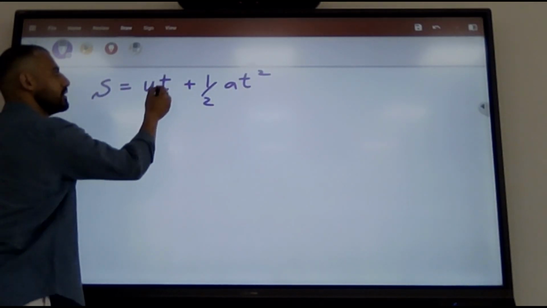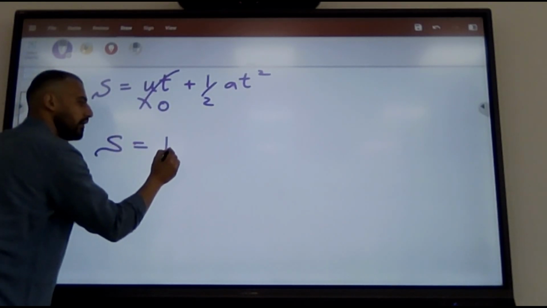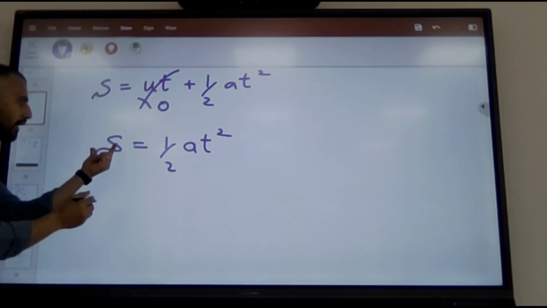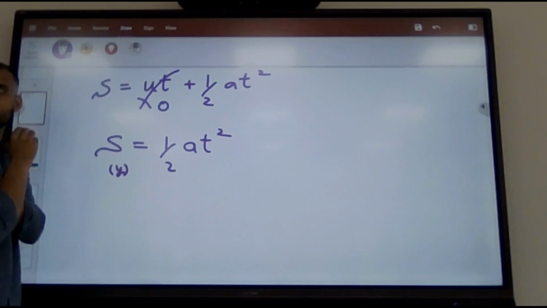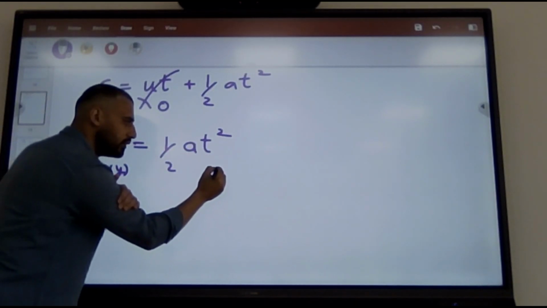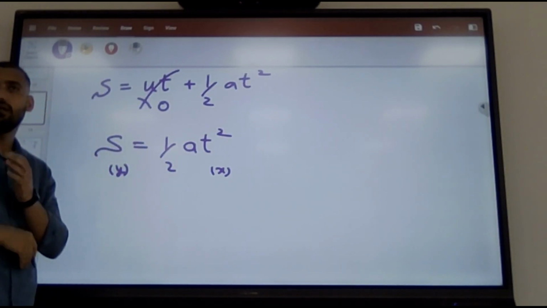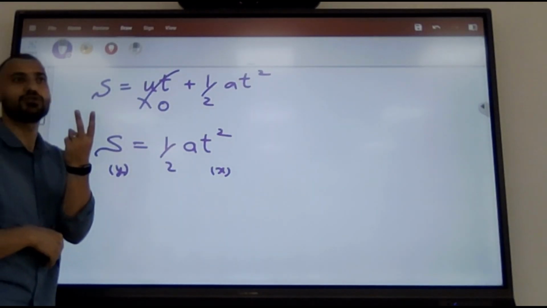Do you know initial velocity in this case is 0? So we have distance is equal to half of acceleration times t square. Have we plotted distance on the y-axis? Yes. Have we plotted t on the x-axis? But what is the degree? Is it 1 or is it 2? It's 2. So it's not linear.